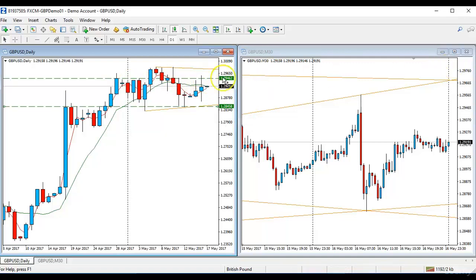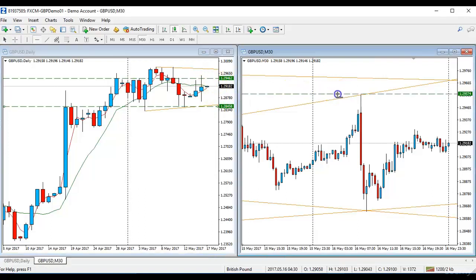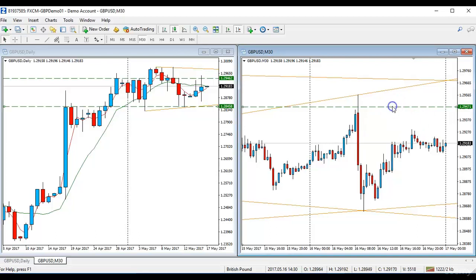If we put those levels into our 30-minute time frame, which is probably about 1.29462, that provides us with a good place to know where we're going to take our profit. It's nearly there, so we'll just put it down somewhere like that.